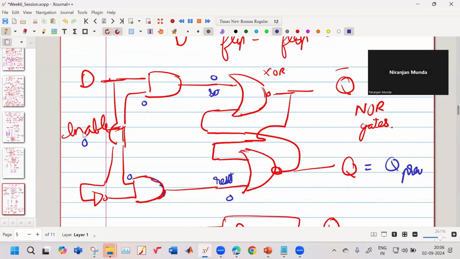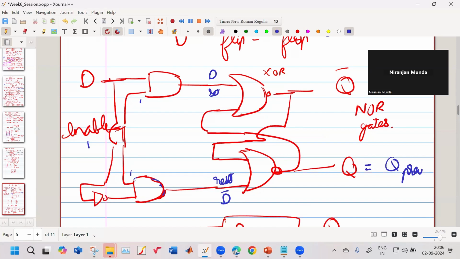Now let me make my enable 1. So if this is 1, what will this be? This will be D. And this will be D bar, right? So what will come except this D?